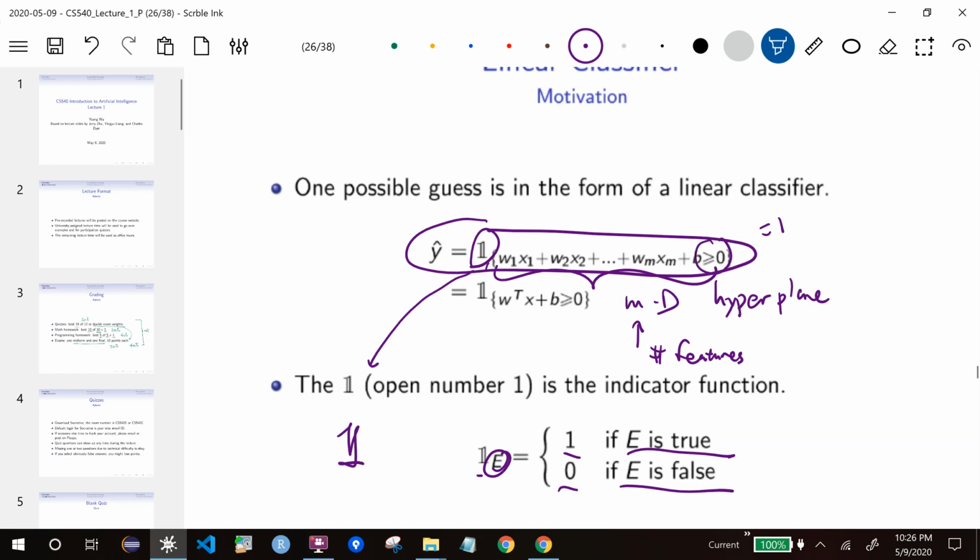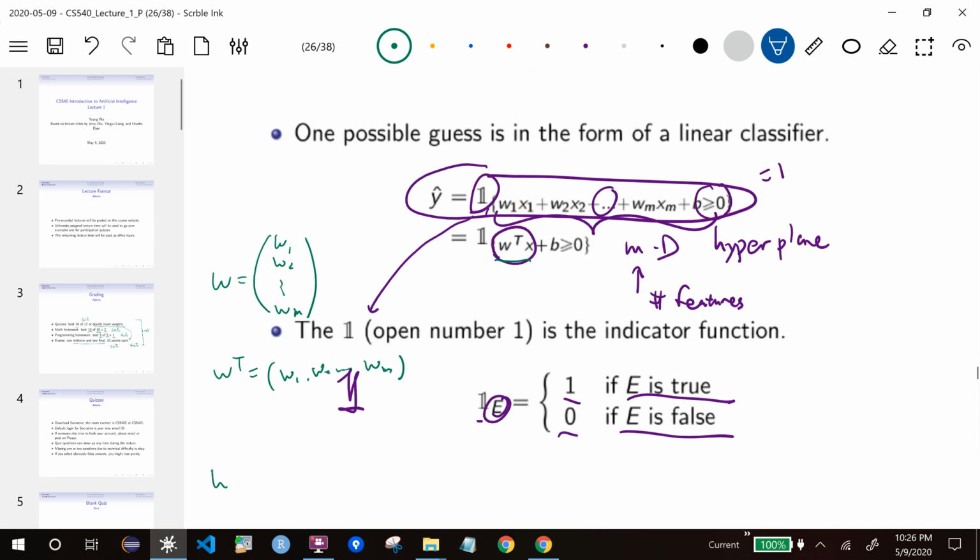Also, because we are always dealing with very high dimensional spaces, we want to use vector notation. Instead of writing the dot dot dot every time, we use the notation x transpose w or w transpose x. They're actually the same. Here w is the vector w1, w2 until wn, and w transpose is just the horizontal version of this.